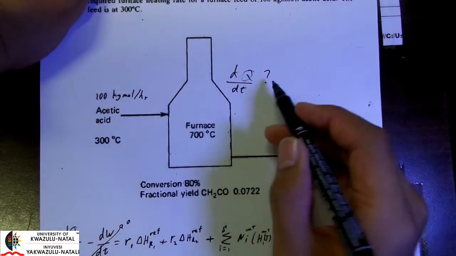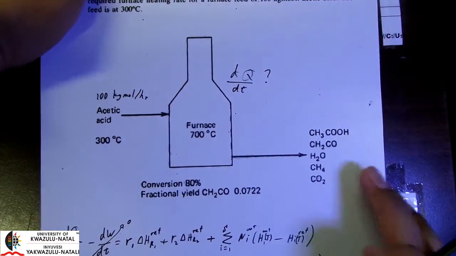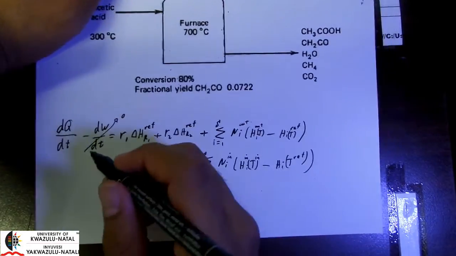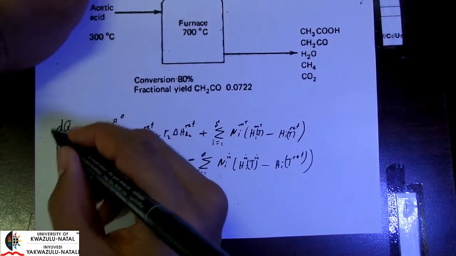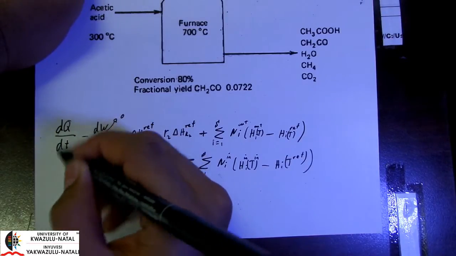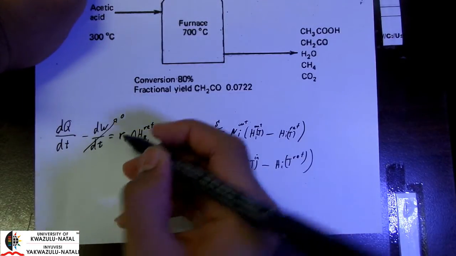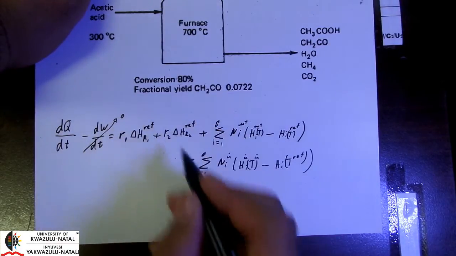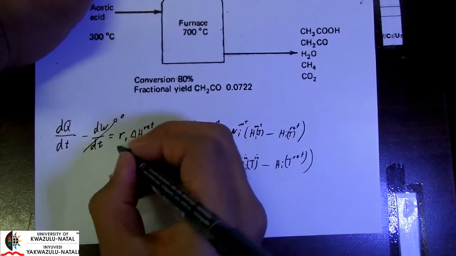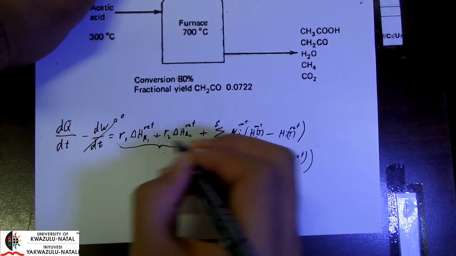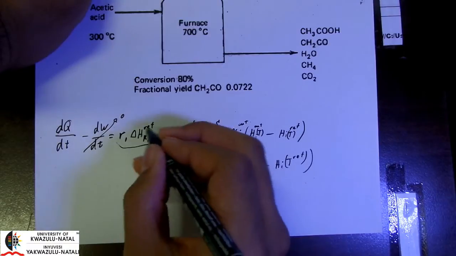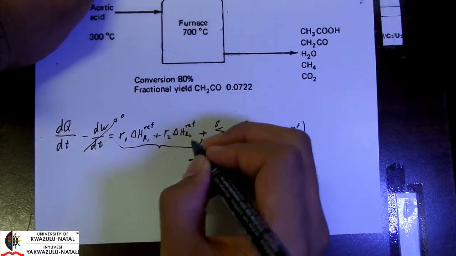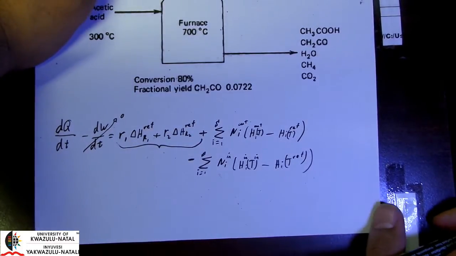Now, assuming negligible kinetic energy and potential energy, and of course there is no mention of work, we get the following energy balance equation. So I have my dQ/dt as usual equal to the summation of R times delta HR at reference. So I have two reactions. So here are my two reactions. I have R1 times delta HR1 at reference plus R2 times delta HR2 at a reference temperature.